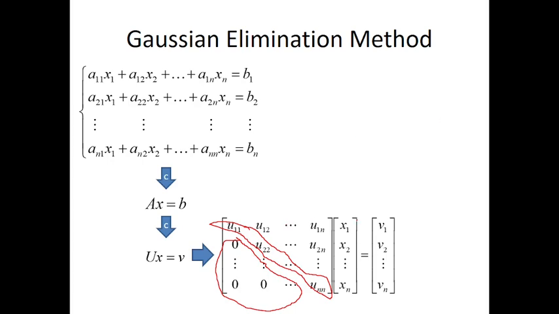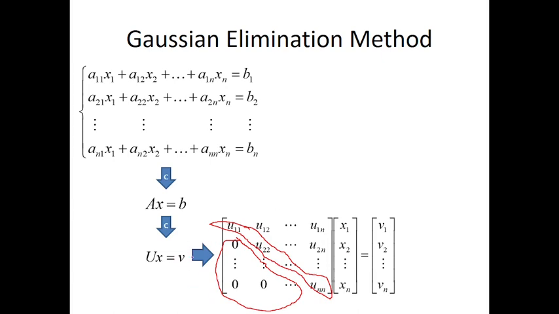And then we have the column vector x, which are the variables x of 1 to x of n. Then we have the column vector v, the new values v1, v2, vn. Originally, those values are v1, v2, v3 until v sub n.